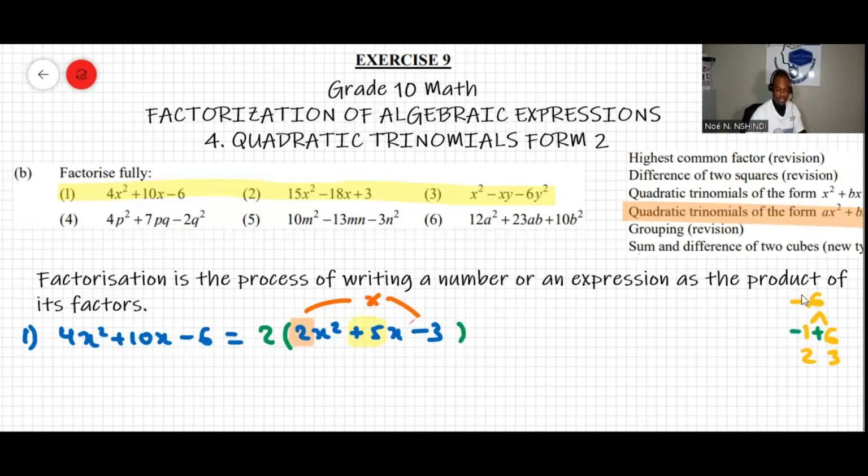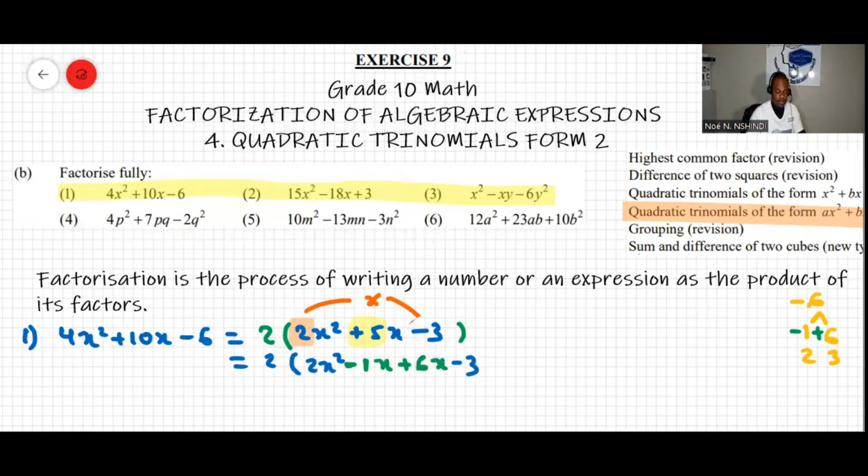So we can rewrite what is in the bracket: it's going to be equal to 2, open bracket, 2x². Instead of writing 5x, we can write -1x, and then plus 6x, and then -3.